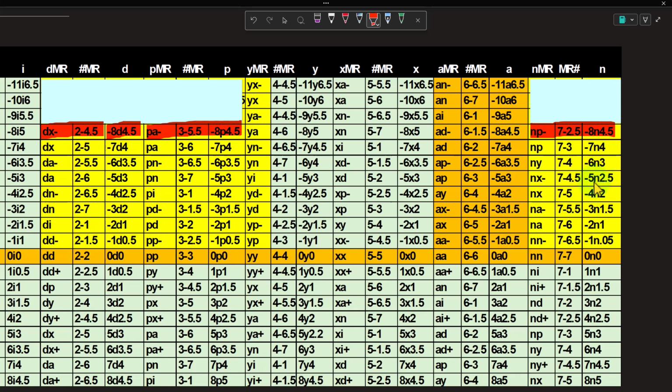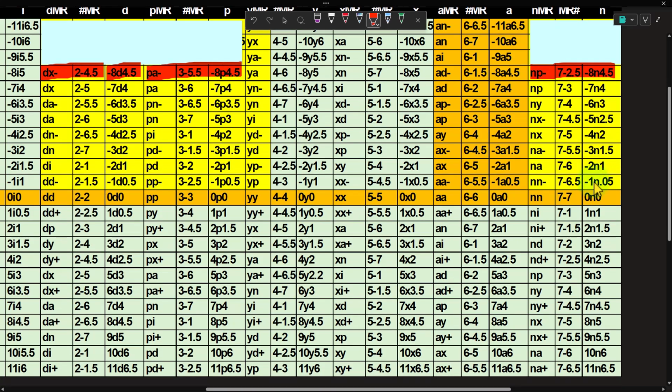If we go backwards -4.5 modal half steps, then we would go forward 8, 9, 10, 11, 12, 2.5. So we go 8, 12 minus 8 would be 4, and 7 minus 4.5 would be 2.5, right? That's right, 4, 5, 6, 7.